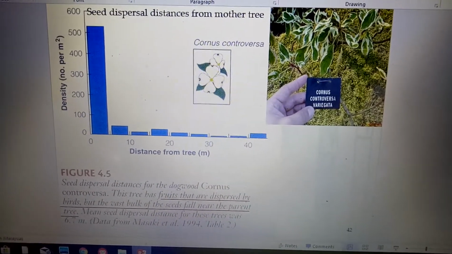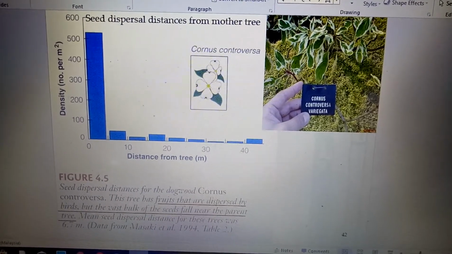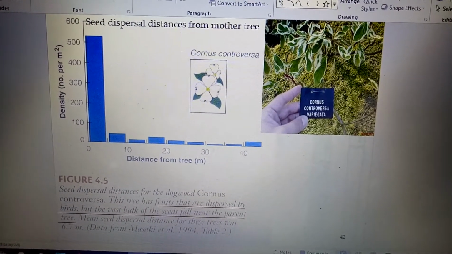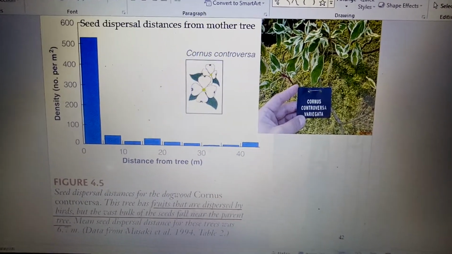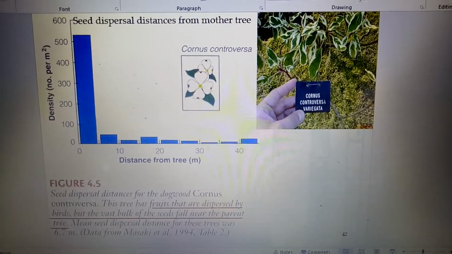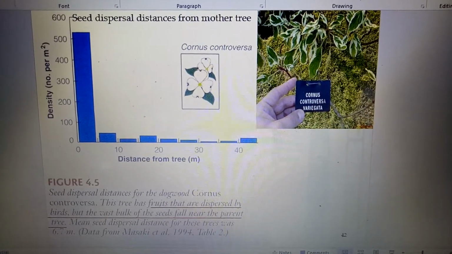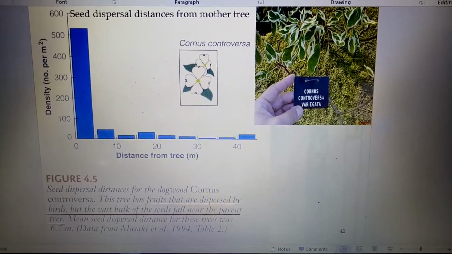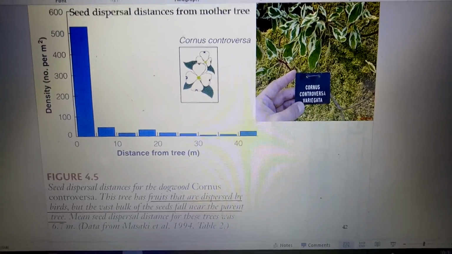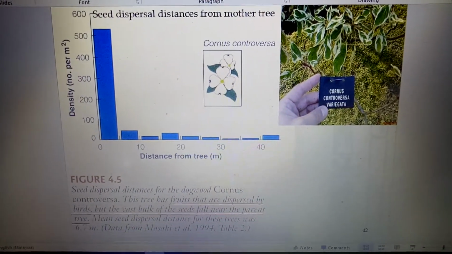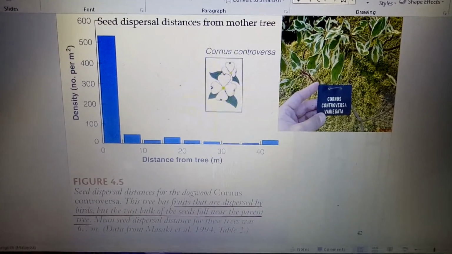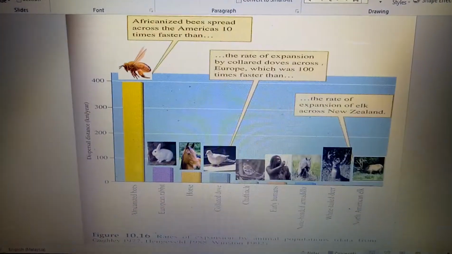This tree has fruit that is dispersed by birds, but the vast bulk of the seed falls near to the parent tree. So mean seed dispersal distance from this tree was 6.7 meters, the distance from the mother tree.